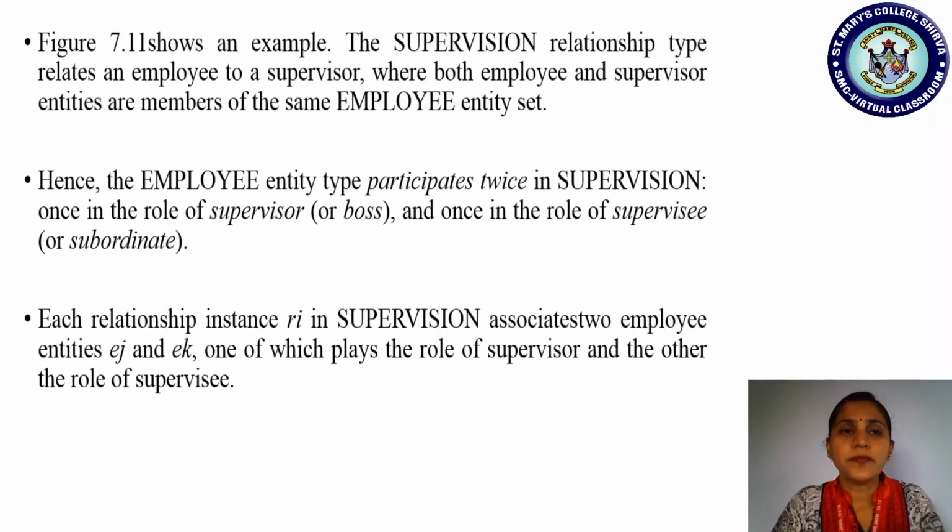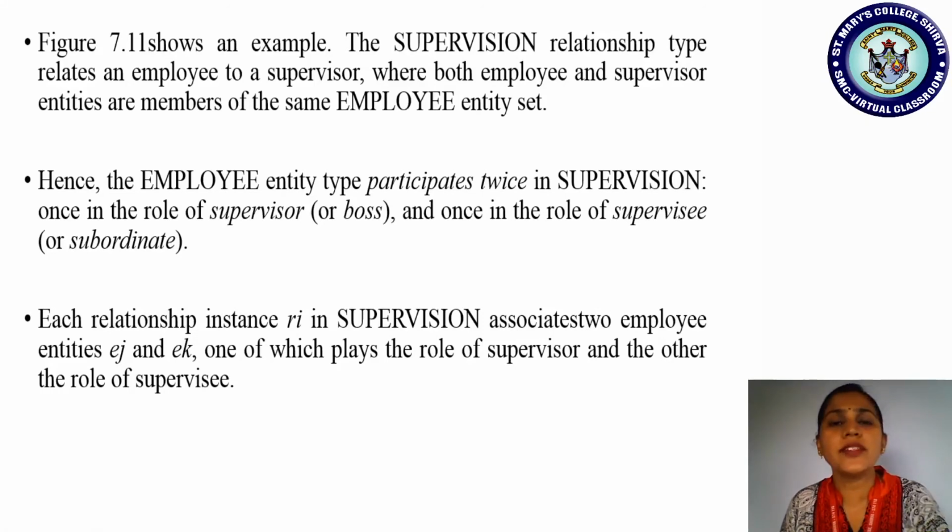Just check here. The supervision relationship type relates an employee to a supervisor, where both employee and supervisor entities are members of the same employee entity set. You have a relationship called supervision. We all know the meaning of supervisor, right?